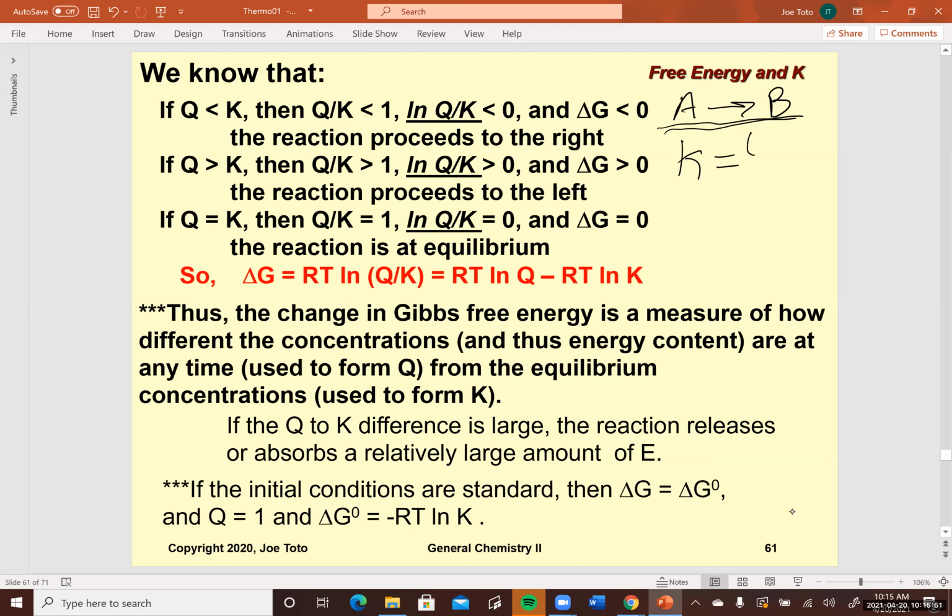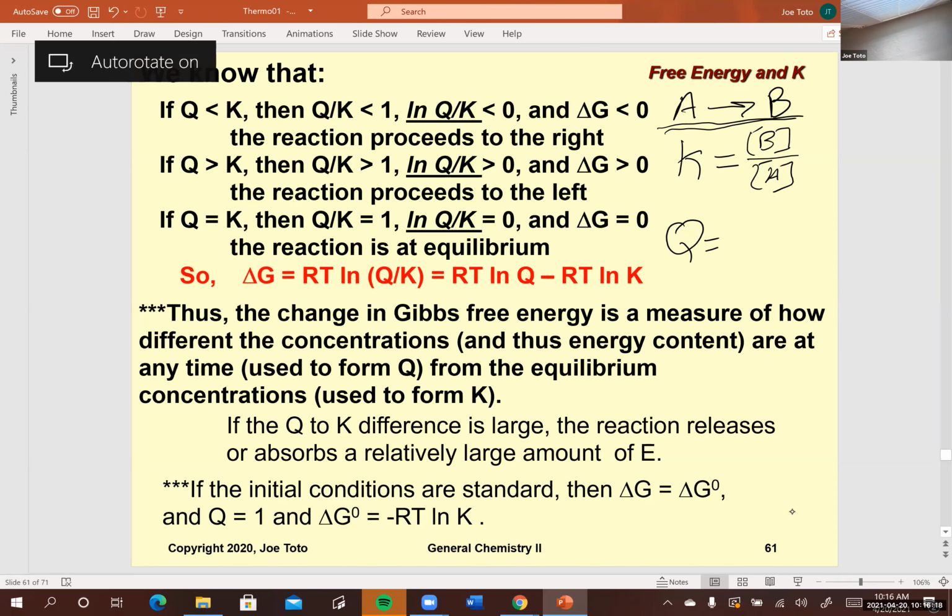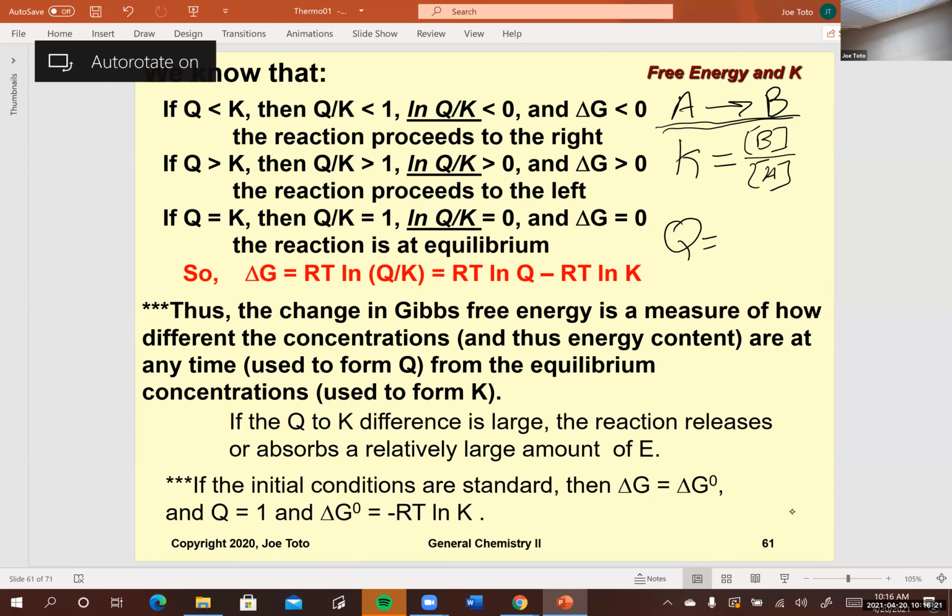Yeah, the concentration of the products to their stoichiometric coefficients over the concentration of the reactants to their stoichiometric coefficients. And since they're both 1, it looks like that. Now, can someone define Q? Also B over A? Yeah. Thank you.